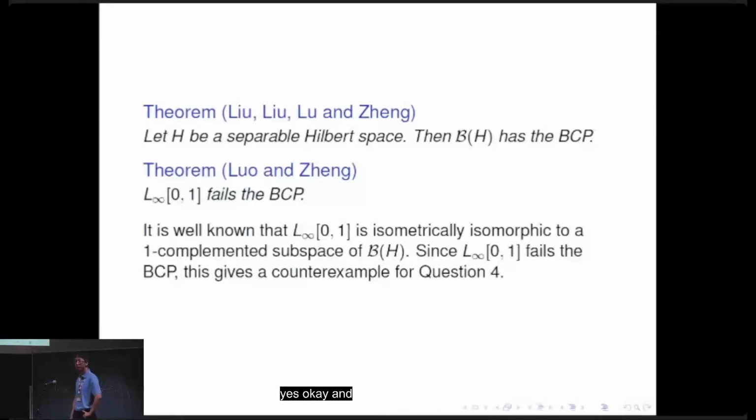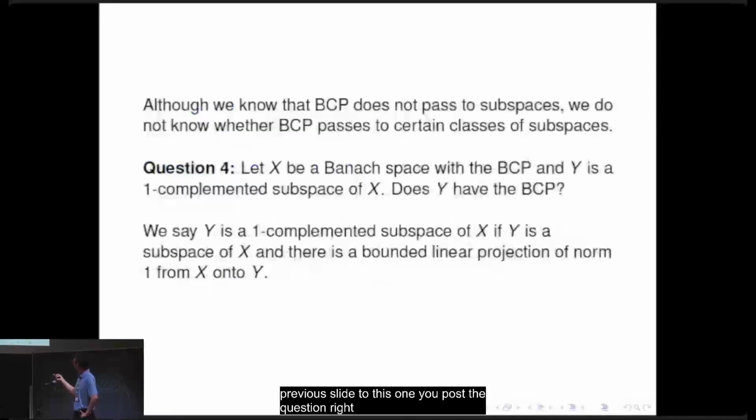I think in the slide previous to this one, you posed the question, right? Yes, that's the question. So have you tried stronger notions of complementation, like E-complemented, or have you tried hereditariness? E-complemented is stronger.